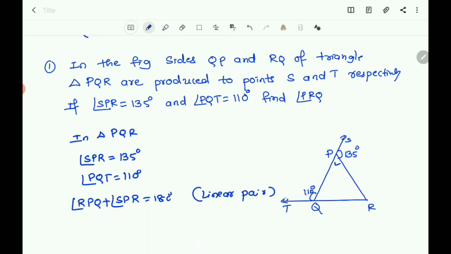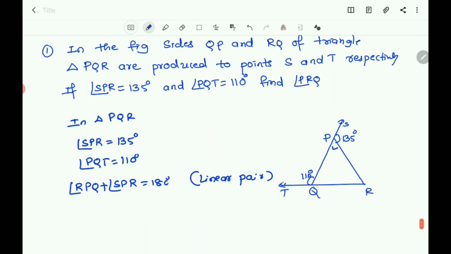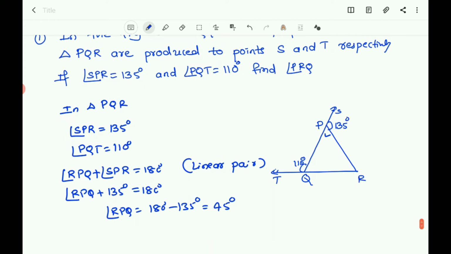And angle RPQ plus 135 degree is equal to 180 degree. So angle RPQ is equal to 180 degree minus 135 degree, that is 45 degree, because 45 plus 135 is 180. So you got the angle RPQ.